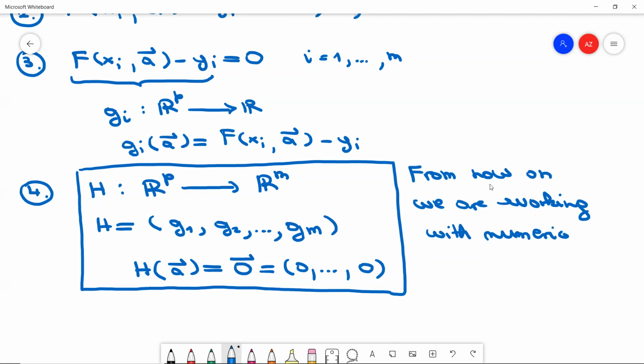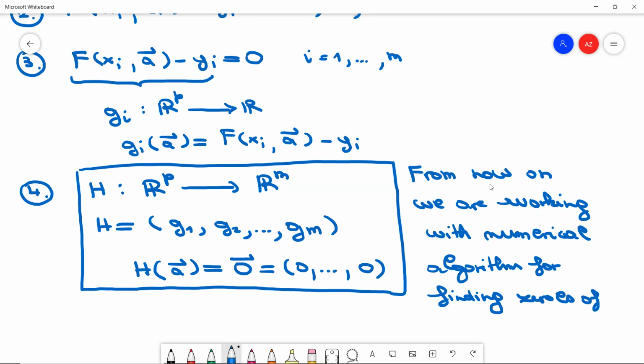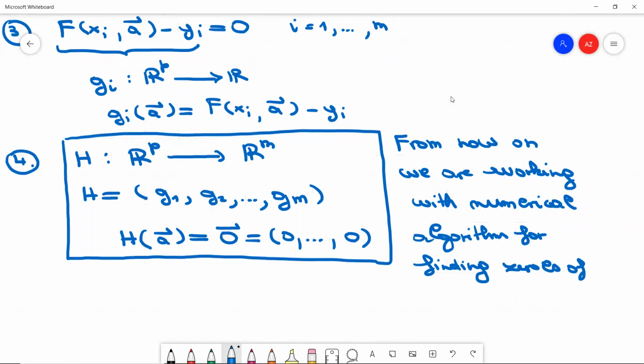So with numerical algorithms for finding zeros of vector valued functions, of a vector variable.